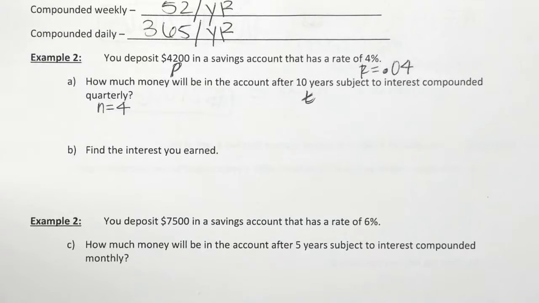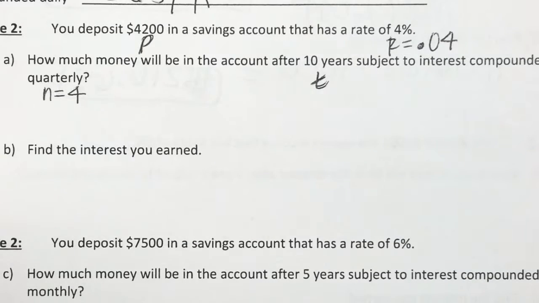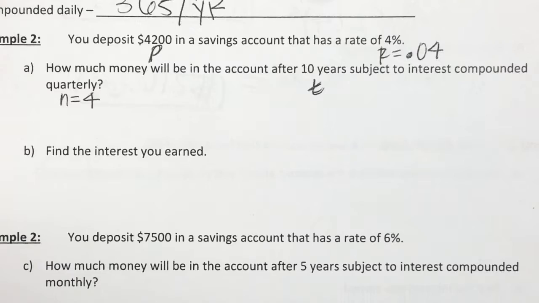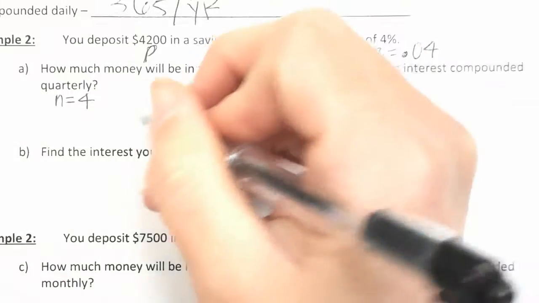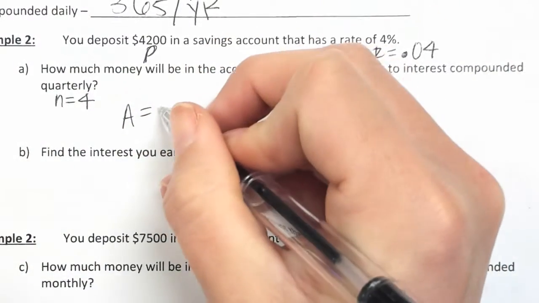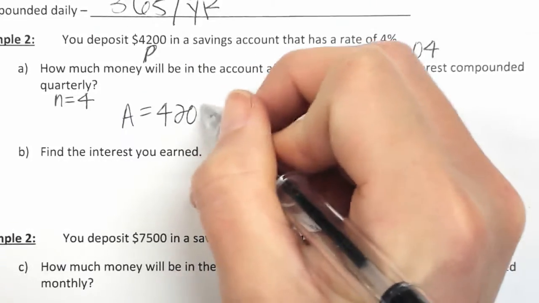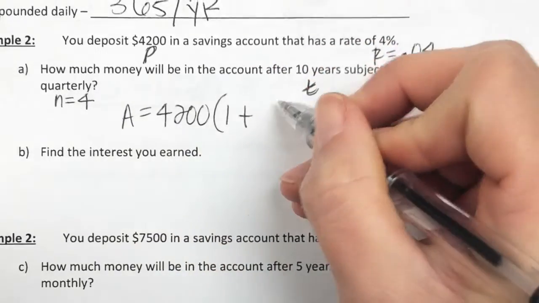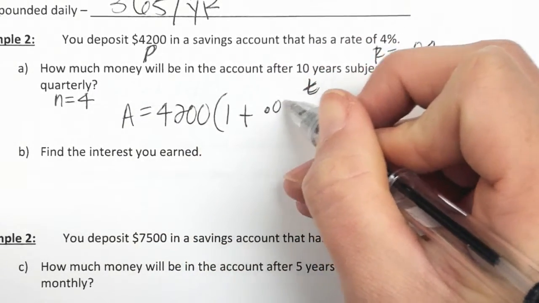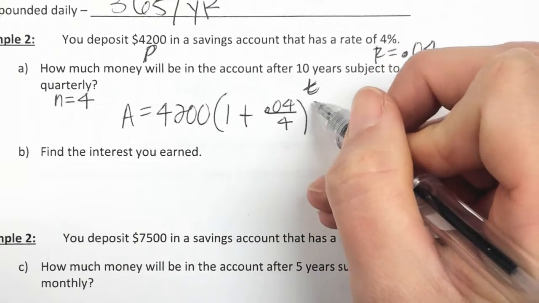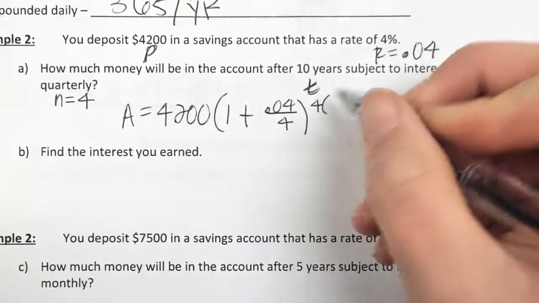Let me zoom in some. So now all we have to do is plug it into the formula. So it'll be A equals 4,200 times 1 plus 0.04 over 4, to the 4 times 10. Good.